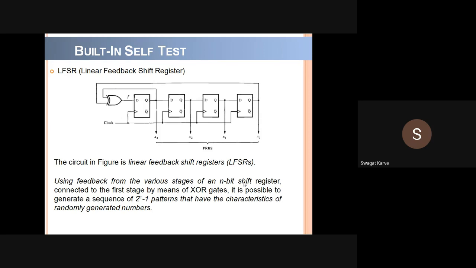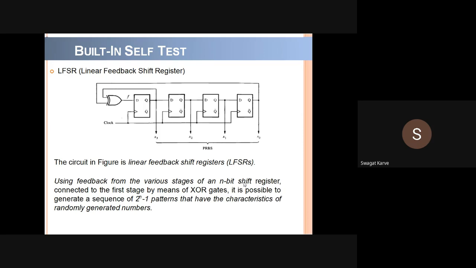I guess you have studied modulo 2 addition and XOR addition. So the modulo 2 or XOR addition of any two inputs, its resultant will also be a valid input. If your circuit follows this principle, then it's linear. So this circuit follows this linearity principle, and so the name is linear feedback shift register.